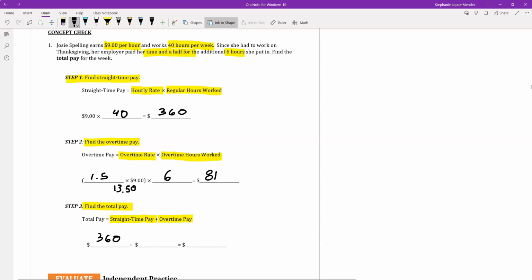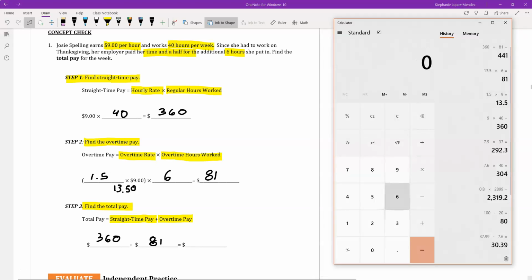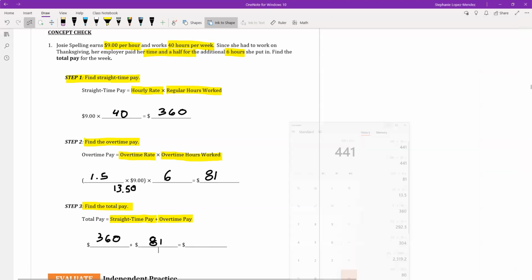On step 2, we found the overtime pay, which was $81. And so we go to our calculator, and we have 360 plus $81. It's $441. So my total pay is $441.